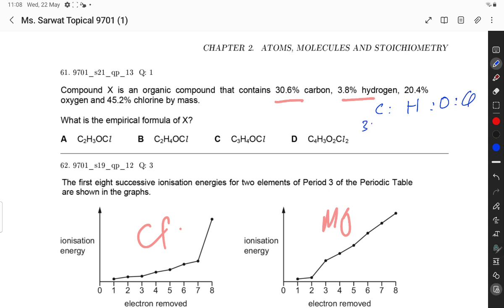So this is 30.6, 3.8, 20.4 and 45.2. This is divided by 12, this is divided by 1, this is divided by 16, this is 35.5. So by using the mole ratio we get the formula, so you can easily calculate this question, I think so.